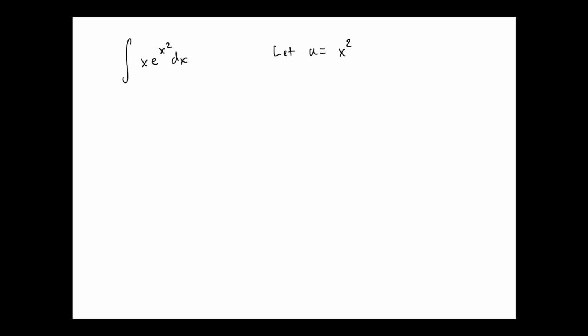And in the course of working exercises, you will start to develop a spidey sense for what's a good choice of u and what are bad choices of u. That's something that comes and is developed by experience, not by anything else.